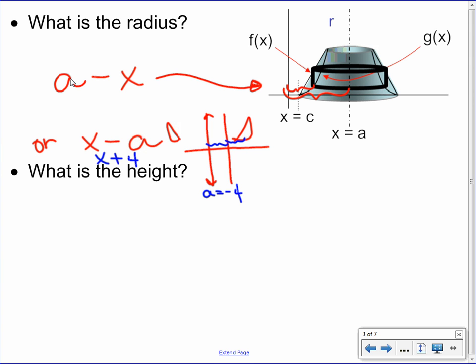Because this distance is x, and this distance is 4.